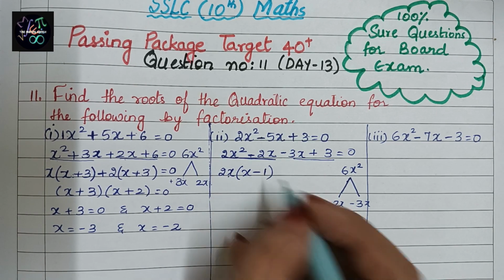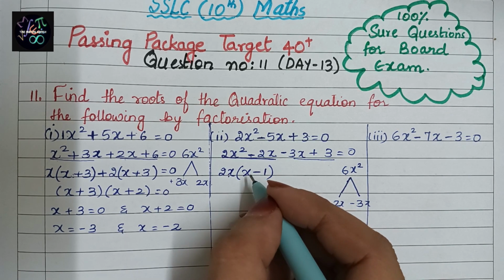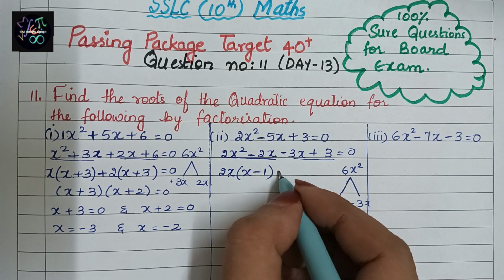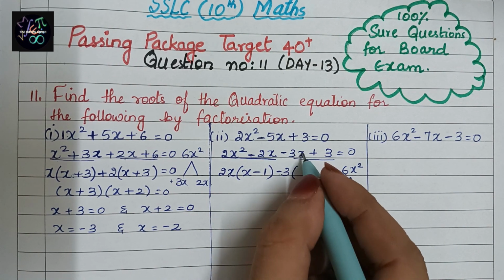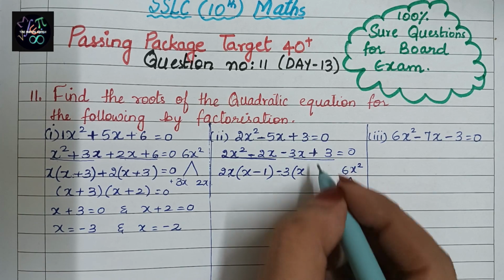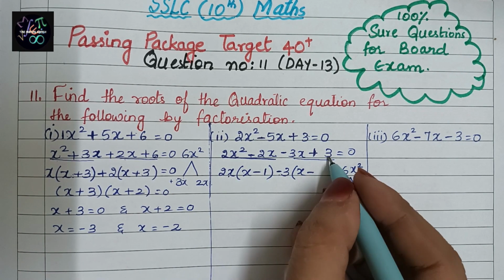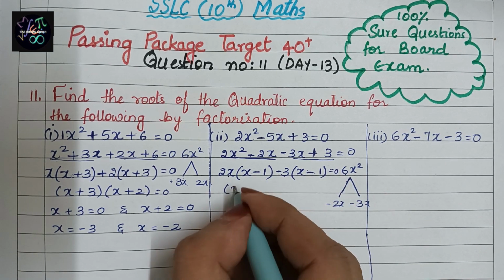Nothing means 1. Here we can see 3 is common, but what will I take? Minus 3, because in the first bracket we have got a minus sign. So in the second bracket also we need a minus sign. So I'll take minus 3 common. When I take minus 3 common, what remains? Only x, and this plus sign becomes minus because I've taken minus 3 common. Already 3 common, nothing means 1. So which is the common bracket now? x minus 1.